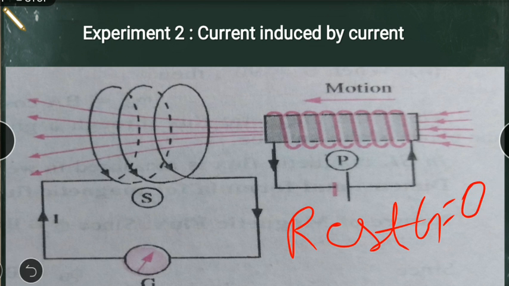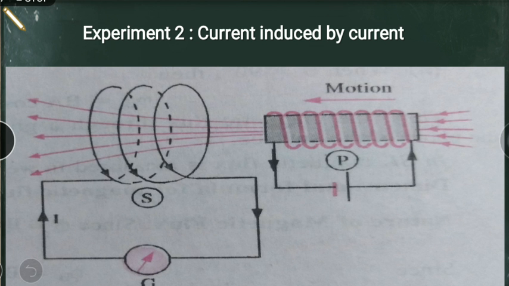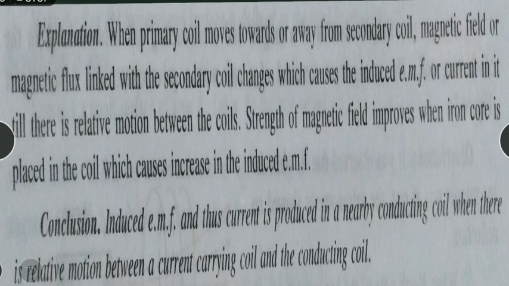So finally, what we can conclude is that when the primary coil moves towards or away from the secondary coil, the magnetic flux linked with the secondary coil changes, which causes induced EMF or current whenever there is relative motion between the coils.